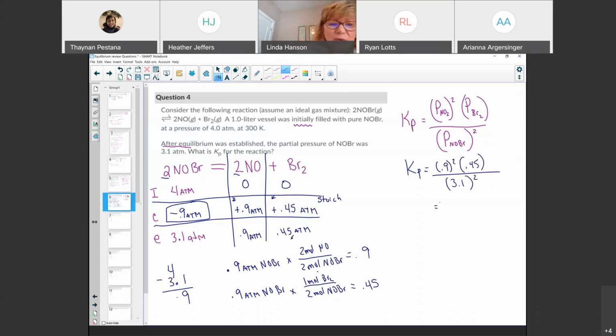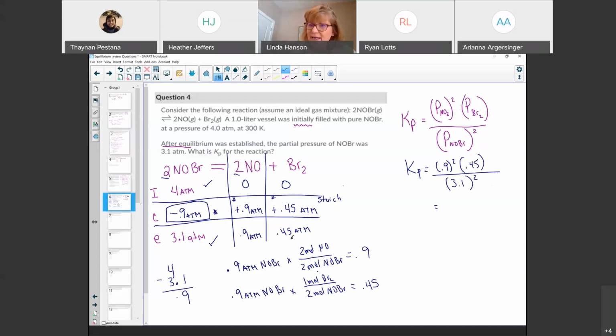With this example, we were given an initial in the equilibrium and had to find the change of that initial reactant. Did a little mole work with stoichiometry to figure out the rest of that same row, and then we're ready to plug in for the final answer of Kp.